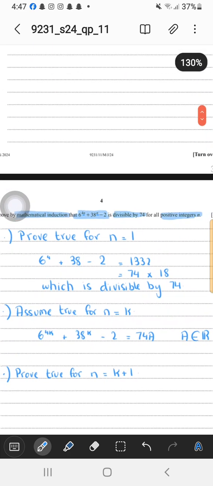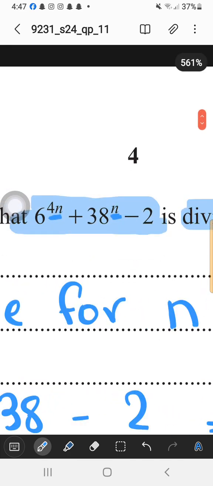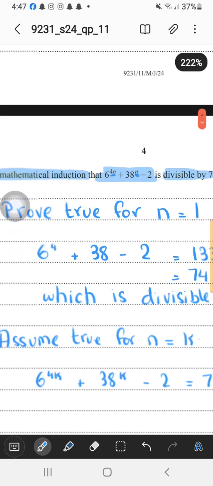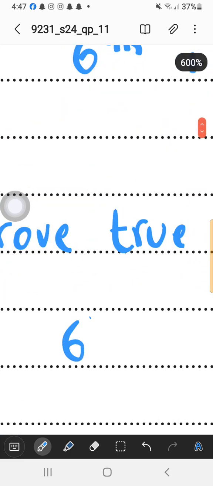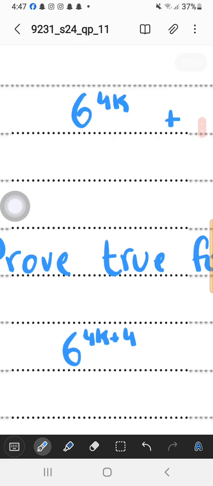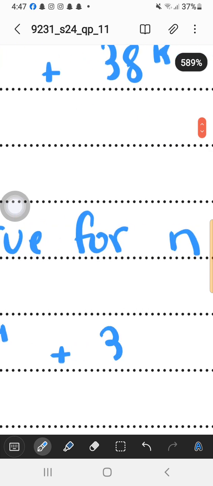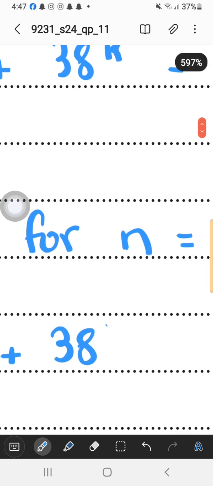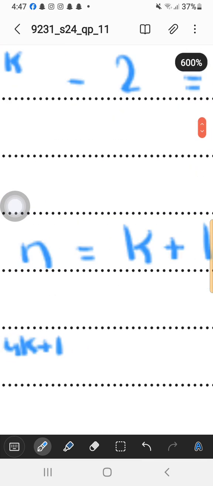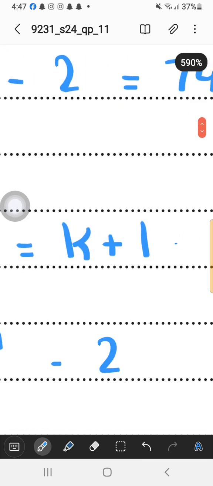Now insert k plus 1 instead of n. So it will be 6^(4k+4) + 38^(k+1) - 2.